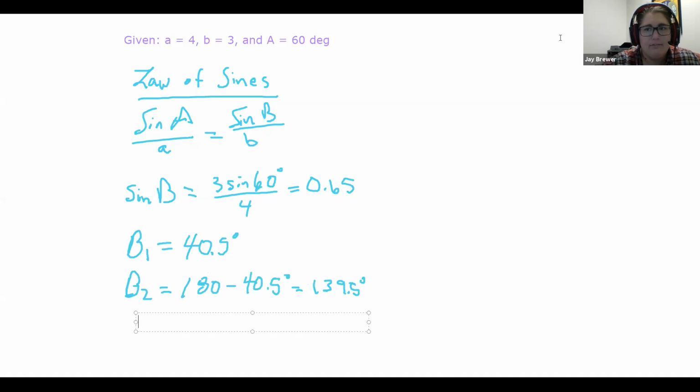But what do you guys need to keep in mind? A plus B has to equal what? Regardless, it has to be less than 180 degrees, because A plus B plus C equals 180 degrees. But if we look at A plus B2, wouldn't that be greater than 180 degrees?